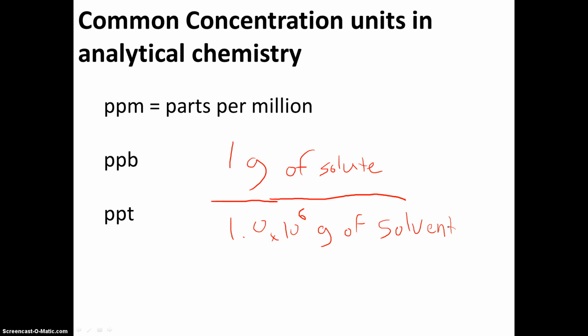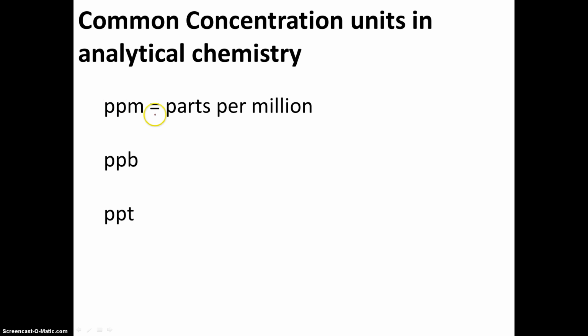And so if we sort of invert this, you could think of it as 1.0 times 10 to the minus 6 grams of solute per 1 gram of solvent.